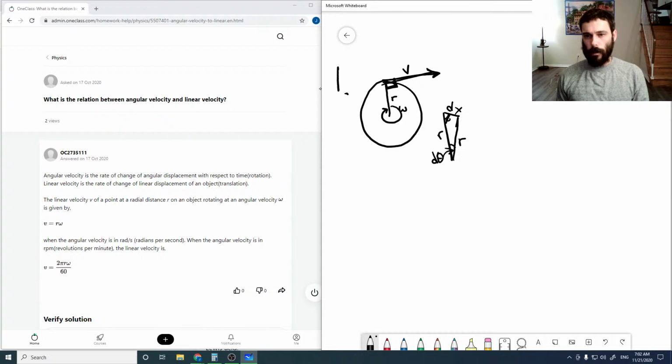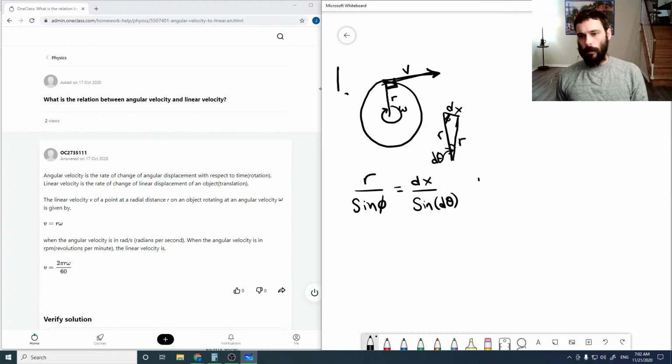So if we call this angle up here phi, then r over sine phi is equal to dx over sine d theta, or dx is r sine d theta over sine phi.